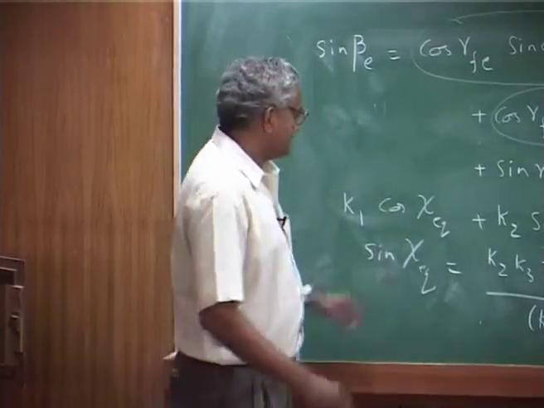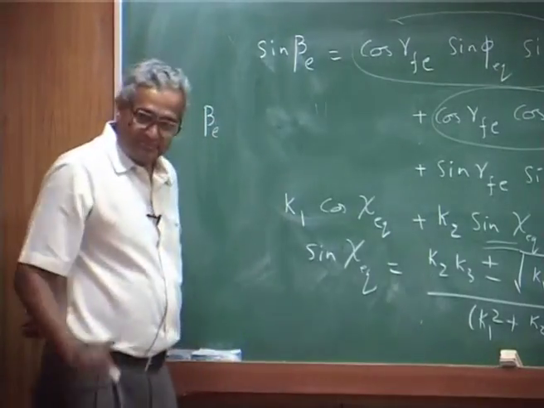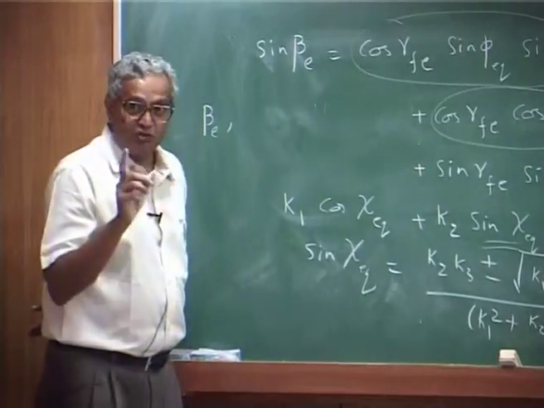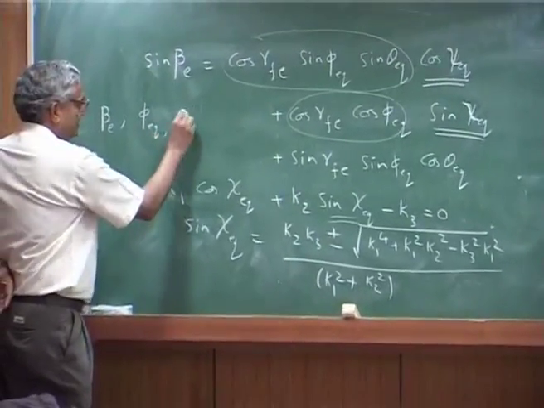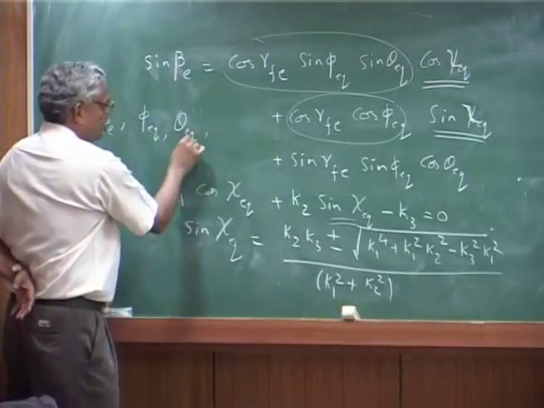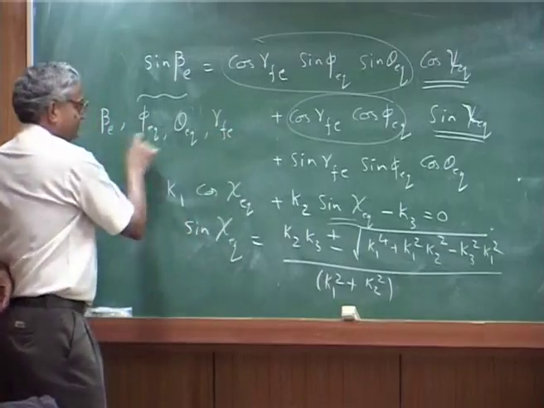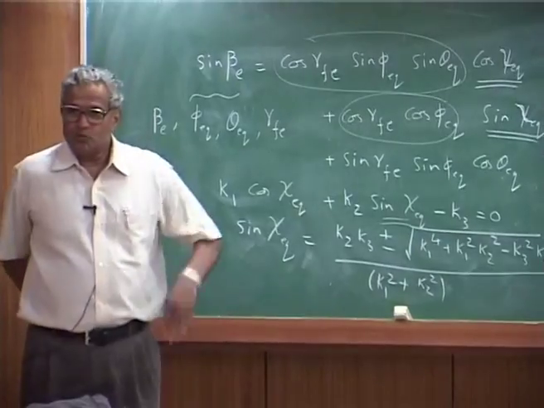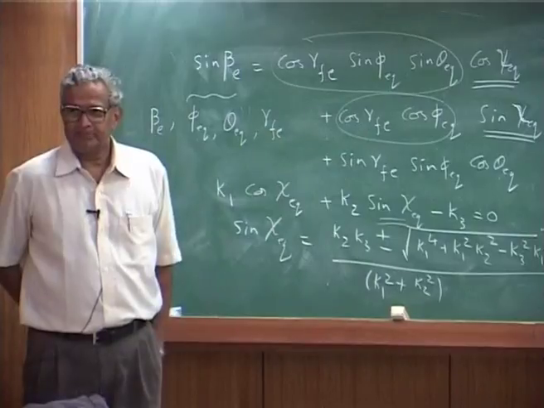What you know in this is beta E, the side slip angle, and you have to assume phi equilibrium, theta equilibrium, and then these are assumed. Gamma Fe is given. Okay. That means, when you are starting, you specify those 4 quantities.